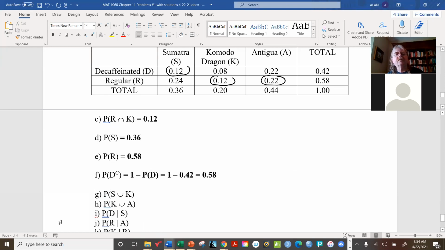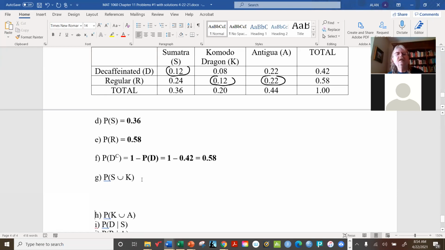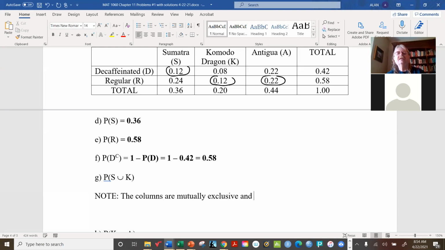Okay, now the challenging ones are about to start. Now this one is the probability of Sumatra or Komodo dragon. Now we can apply the addition rule here. Let me make a note here. Note the columns are mutually exclusive, and so are the rows.